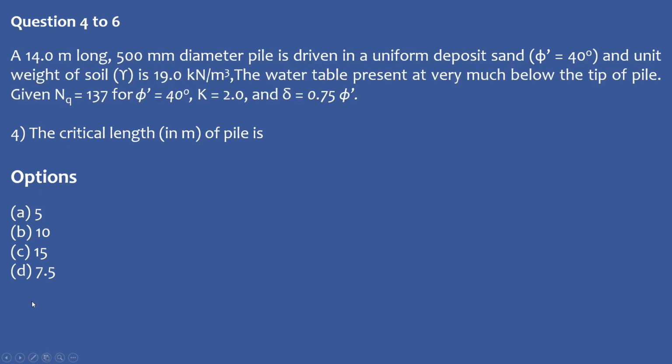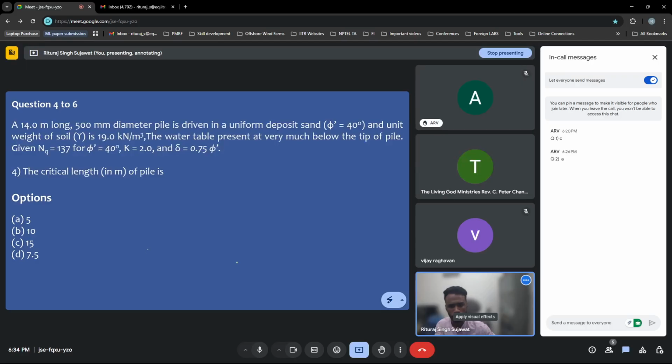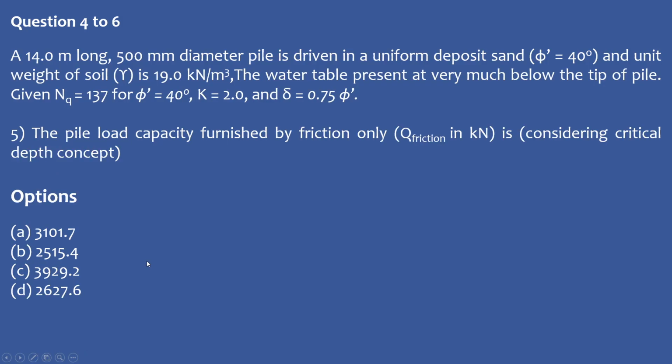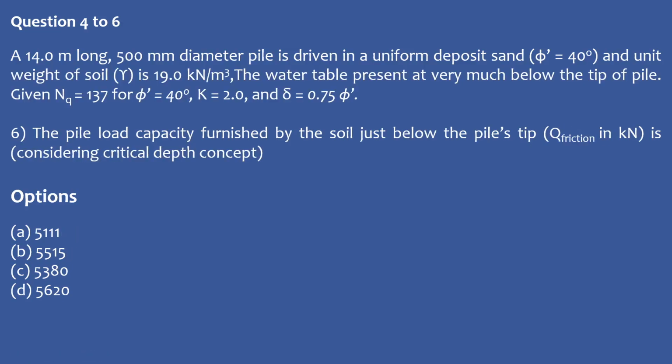I guess we have dealt with this type of question in our previous class. Let me check. Critical length, Q friction, Q tip. Yeah, so I think we can skip this.